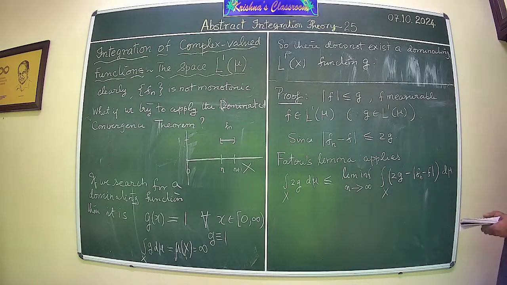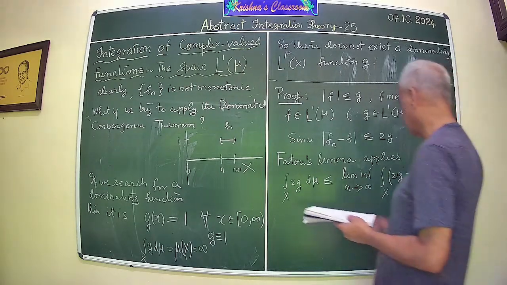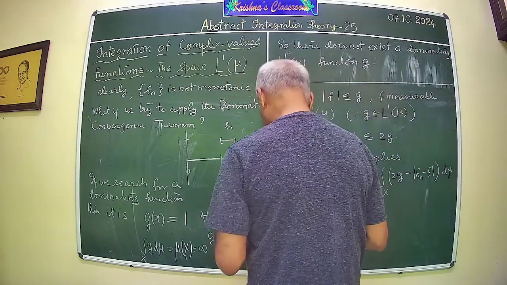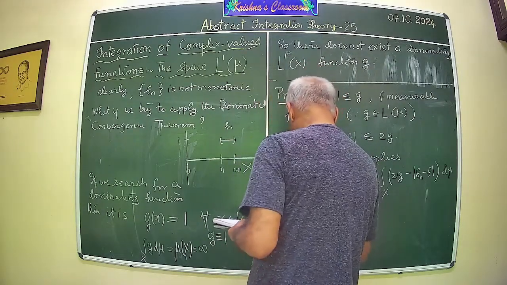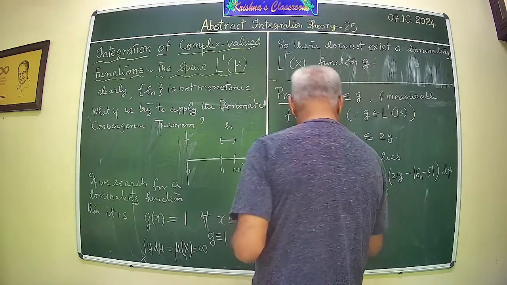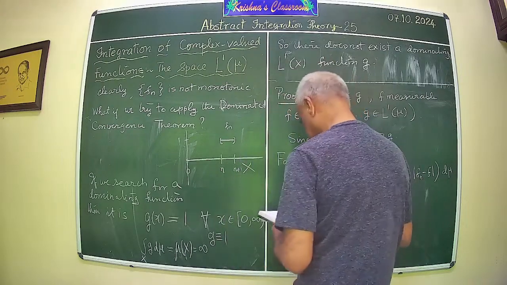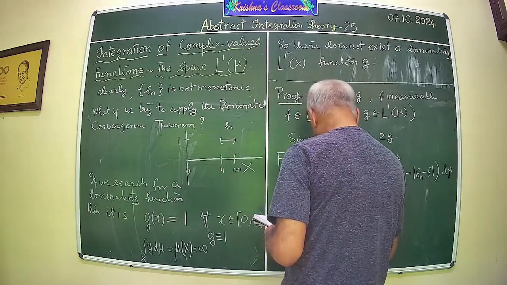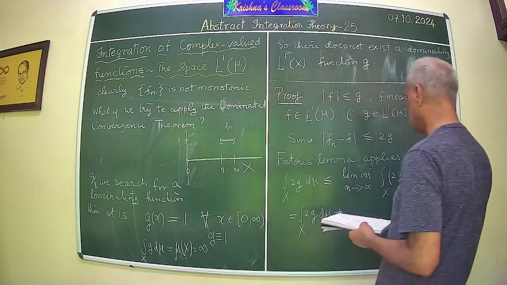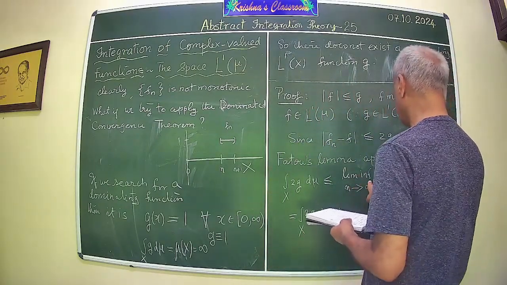Therefore this inequality is there, which can be written as integral over X of 2g, because this is non-negative anyway, d mu, plus there's a minus sign here, and lim inf will become lim sup.